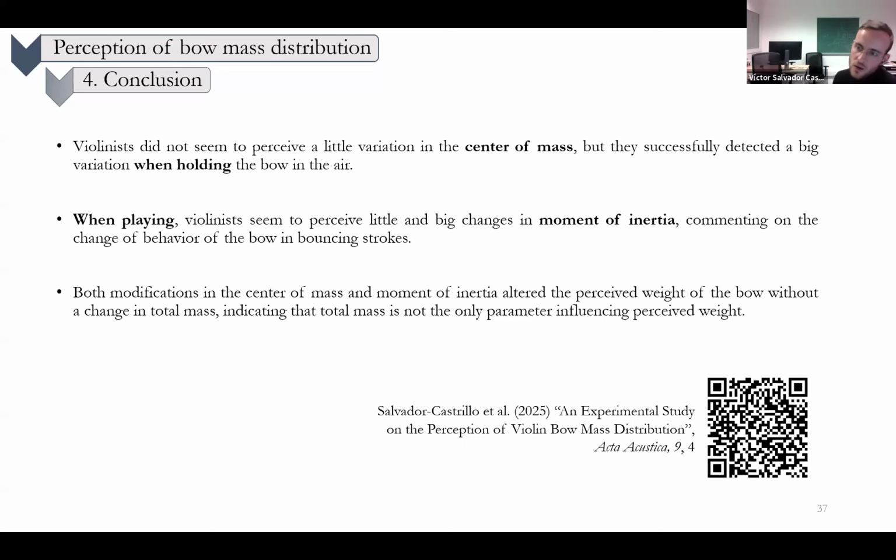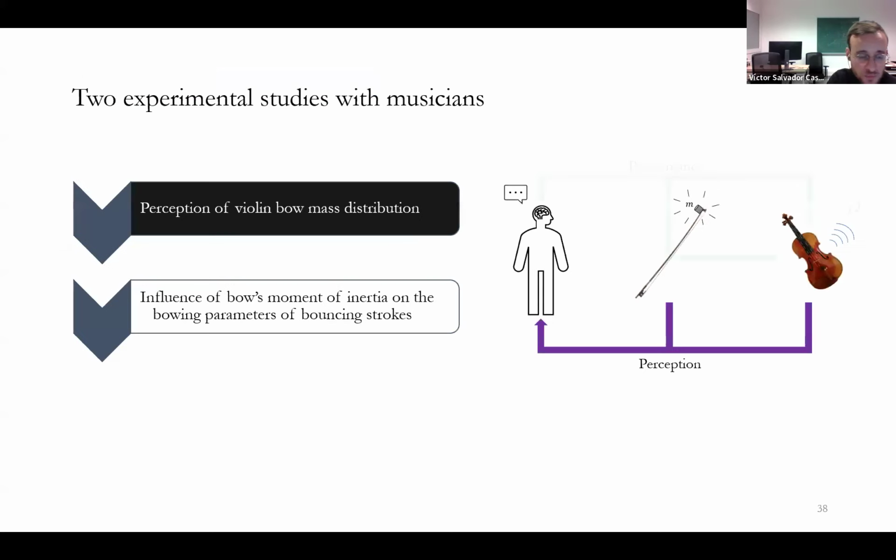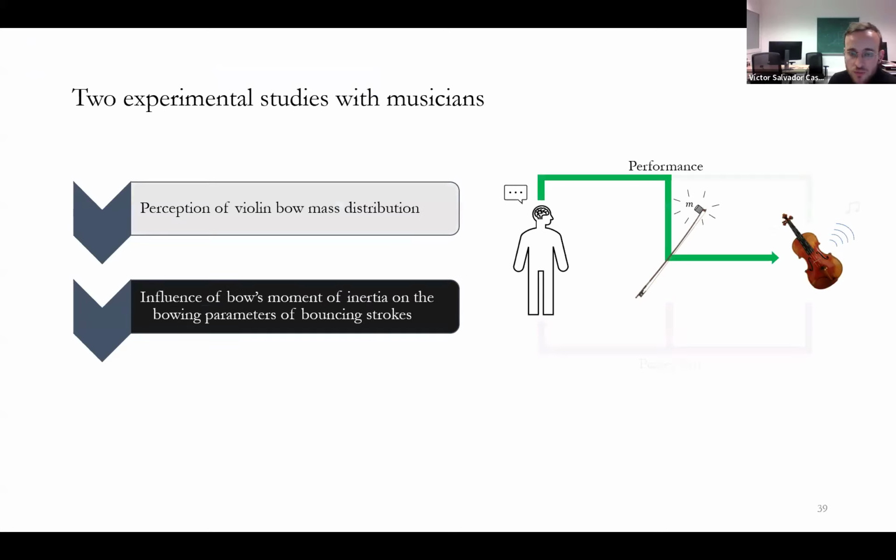And since they were commenting on significant changes in the behavior of the bow that had a different moment of inertia when they were performing bouncing strokes, we decided to do another test on the influence of this parameter, the moment of inertia, on the bowing parameters of bouncing strokes.